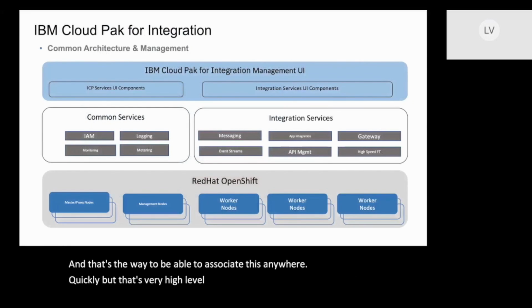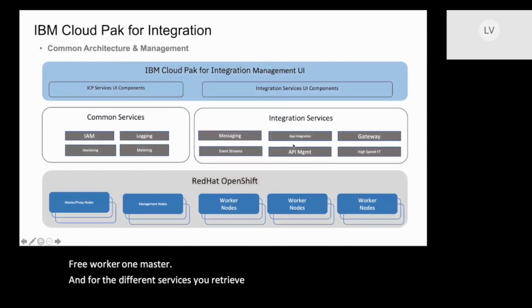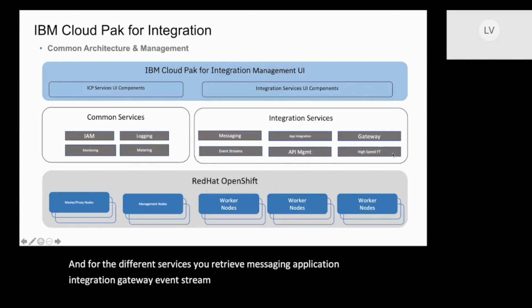When you review the Red Hat OpenShift cluster, with three workers and one master, and the different services, you will find messaging, app integration, gateway, event streams, API management, and high-speed file transfer, which are the 6 different components, and the common services associated with them. And for each of them, this is the management of the different user interfaces done by Cloud Pak for Integration on top.